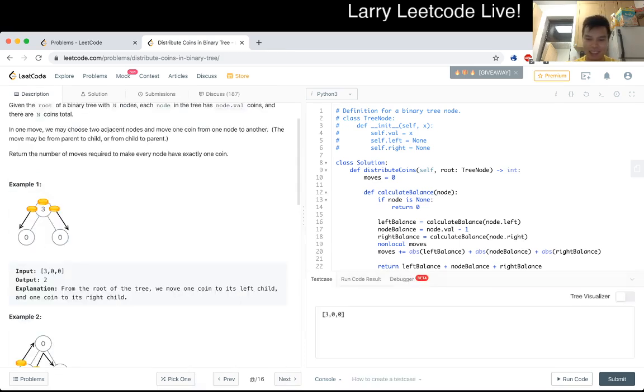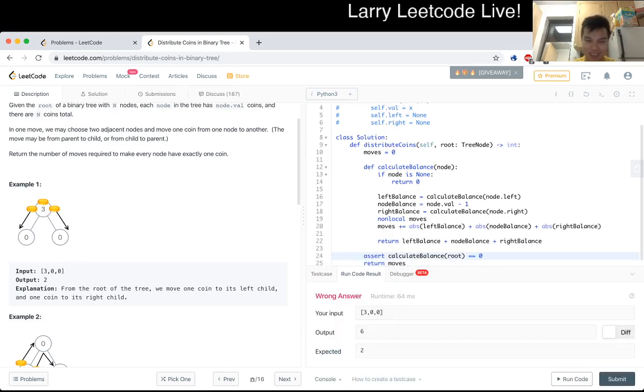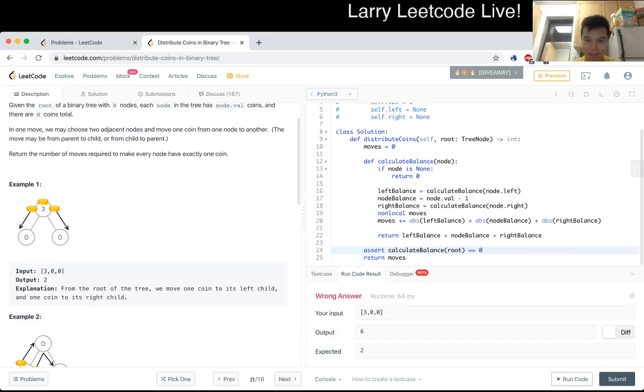All right, let's test this out. Oh no, I messed this up. I had to do more complicated math, I think. I forgot about the root case. I was too focused on the other cases.